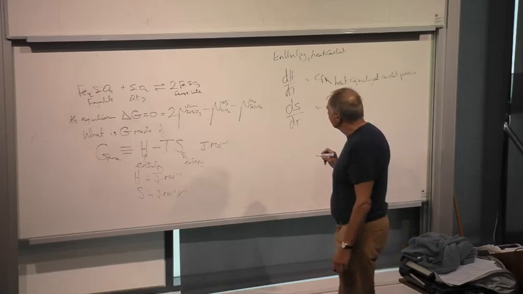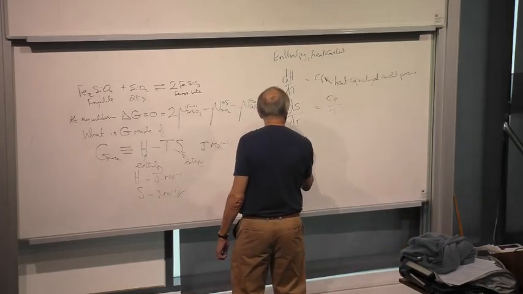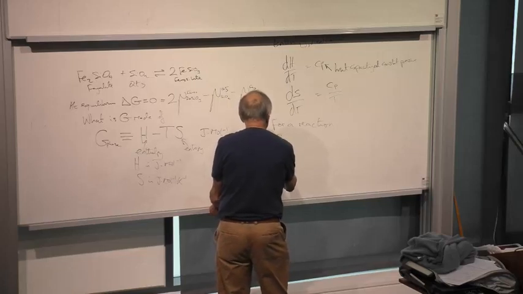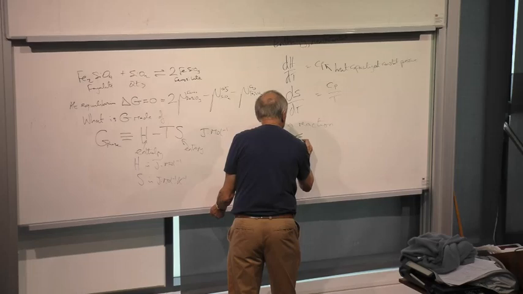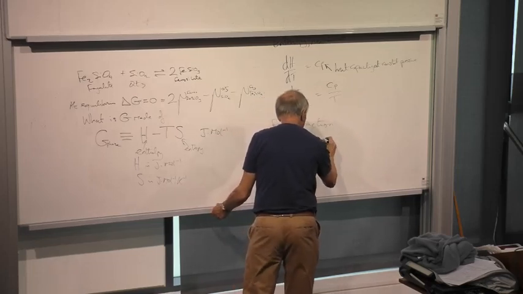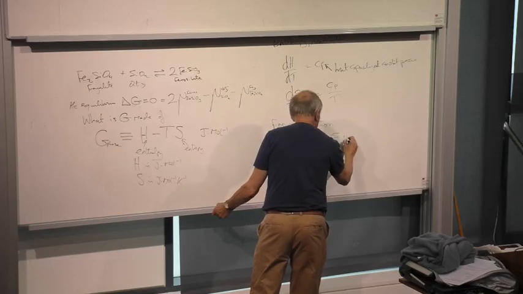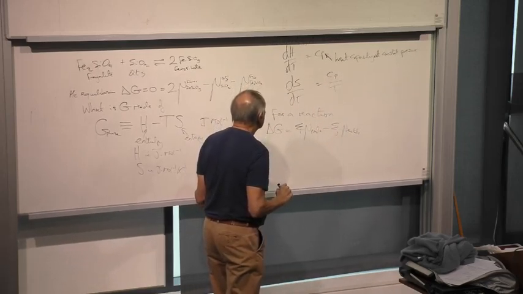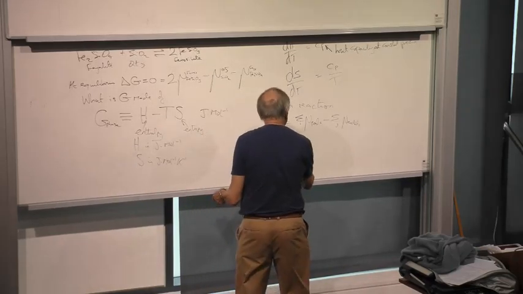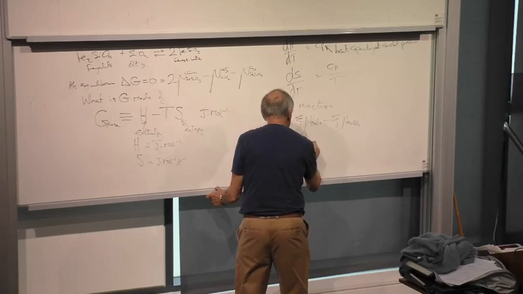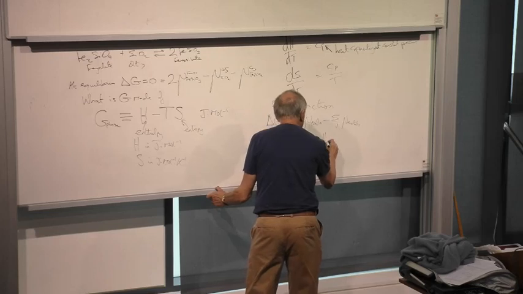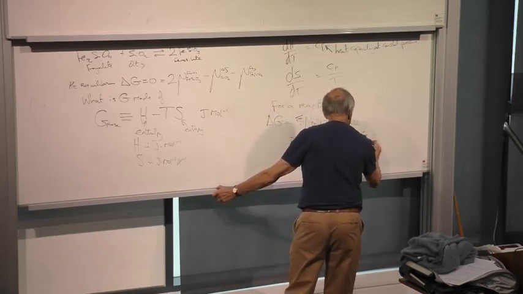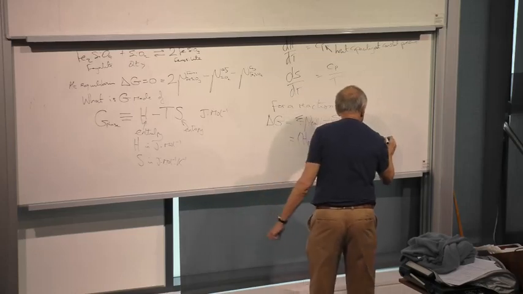If we write down a reaction, delta G is equal to the sum of the chemical potentials of the products minus the sum of the chemical potentials of all the reactants, and that's equal to the enthalpies of the products minus the enthalpies of the reactants, minus T times the entropies of the products minus the entropies of the reactants.